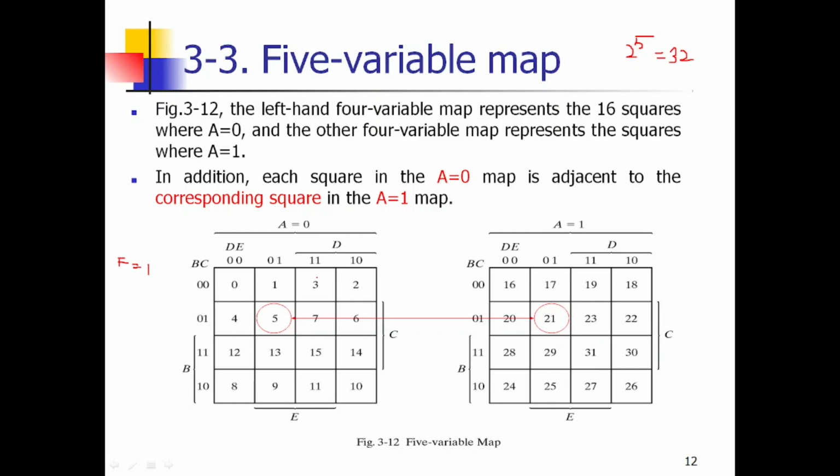And also we can say the first row and the last row, right? And after that we have to go with the octet possibility, 8 adjacent cells. 8 adjacent cells is the same as what we have discussed in the 4 variable K map.